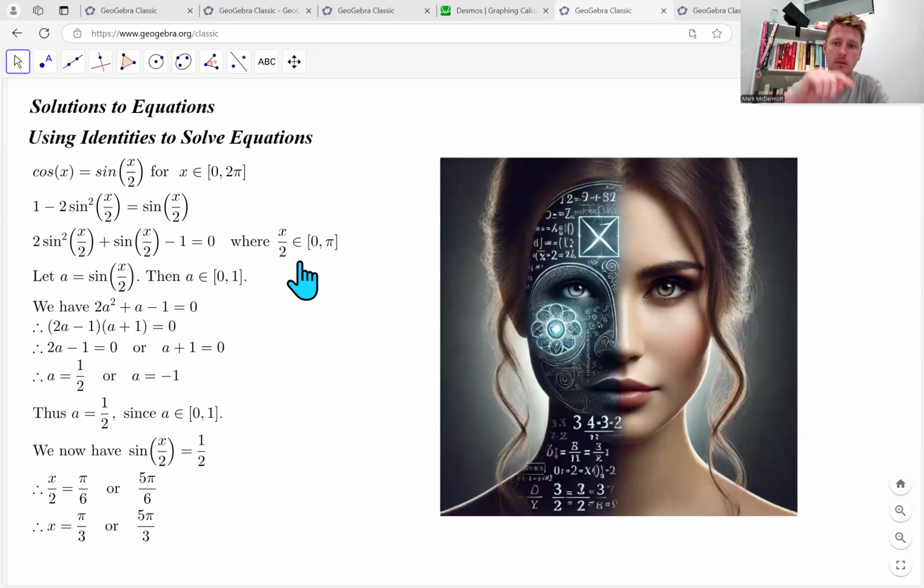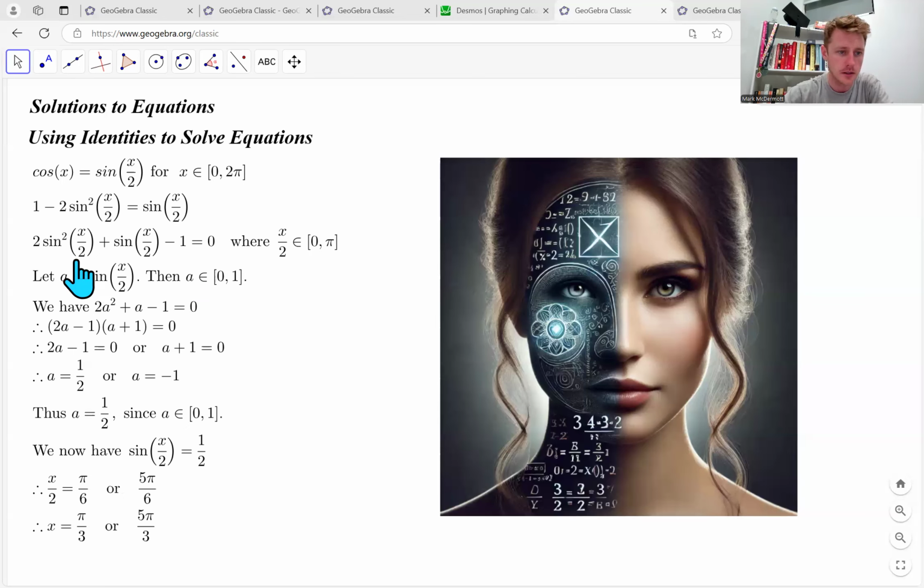Our sine graph goes up and then down, but we've cut off the second part of it because we're only going from 0 to pi. So a goes between 0 and 1, not between 0 and pi or whatever else you might think. When we make that substitution, we need to think about valid values for a.